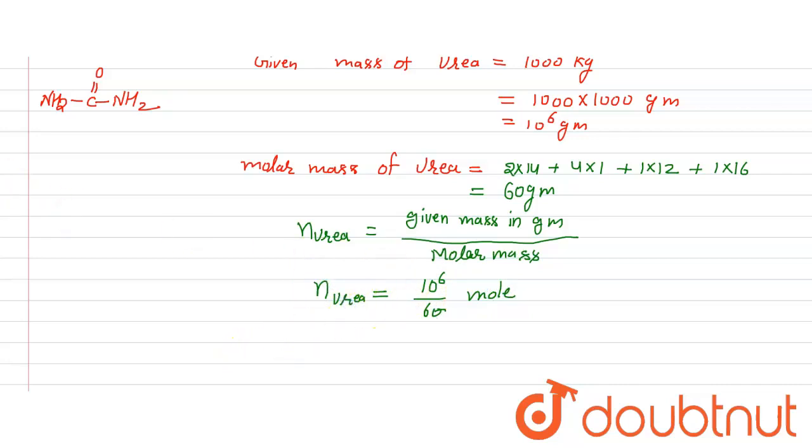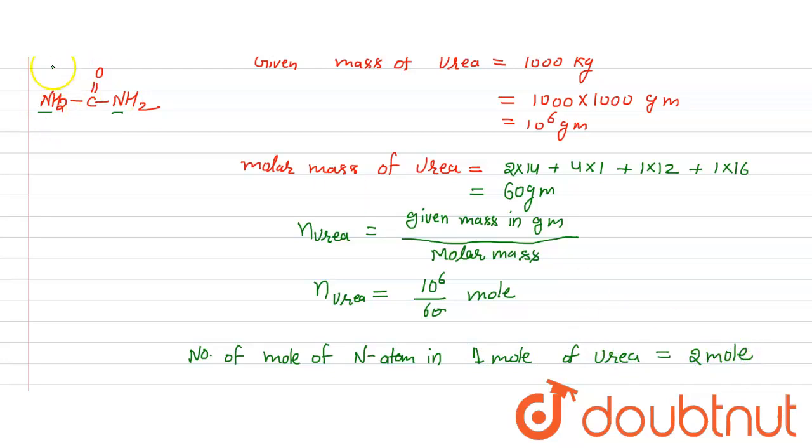And 1 mole of urea contains 2 moles of nitrogen, because one urea molecule contains 2 nitrogen atoms.